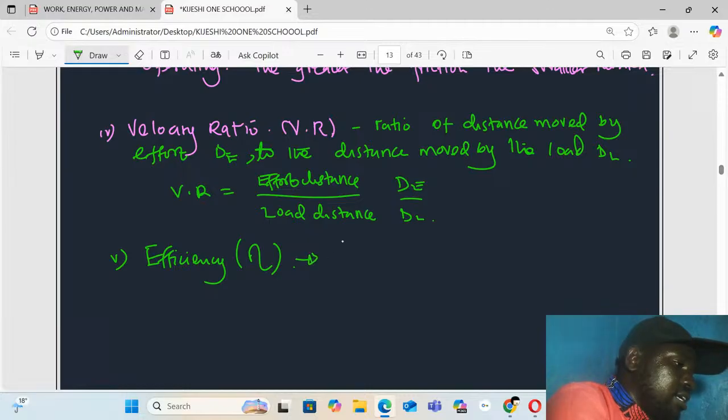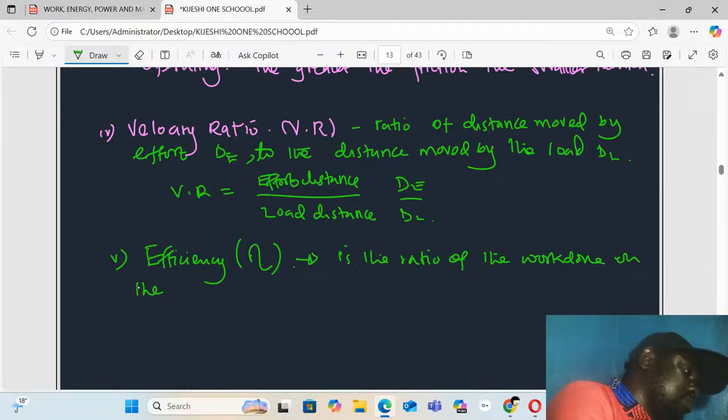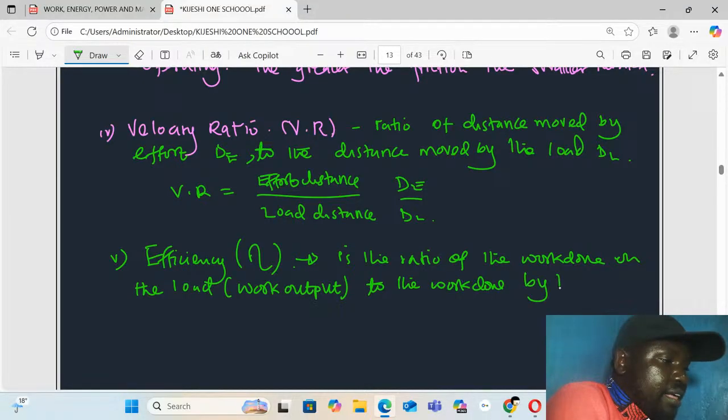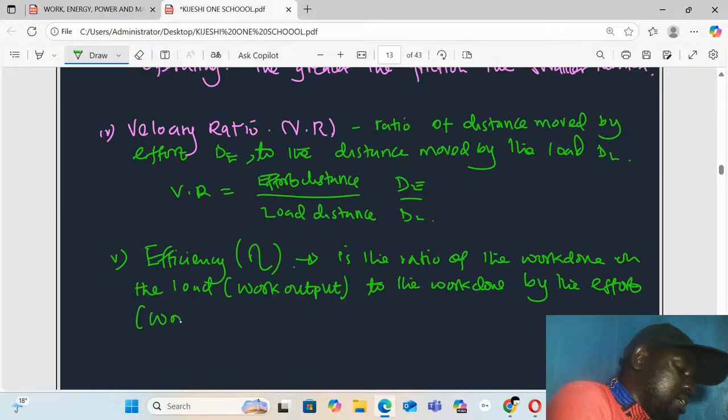It is the ratio of the work done on the load, which is the work output, to the work done by the effort, which is the work input.